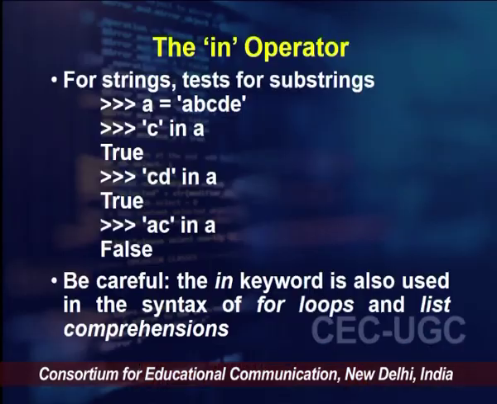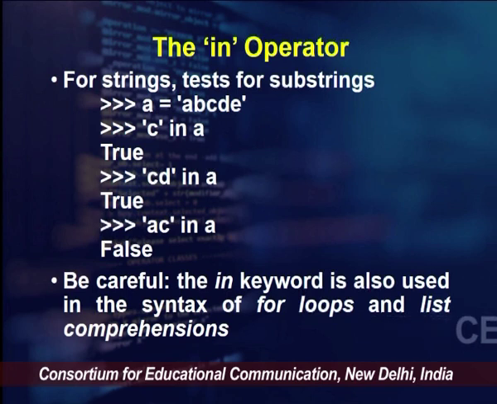You can say whether C is in A, or whether CD is in A, or whether AC is in A, right. In this case, in is actually a keyword, and it is also used in the syntax of for loops and list comprehension. In both places we will see the word in being used, but in loops it is a different context than when you are using it for lists.